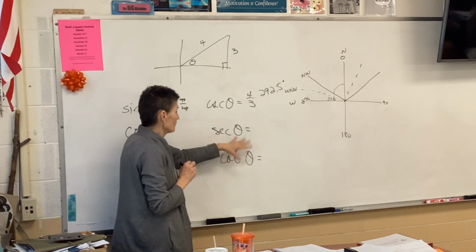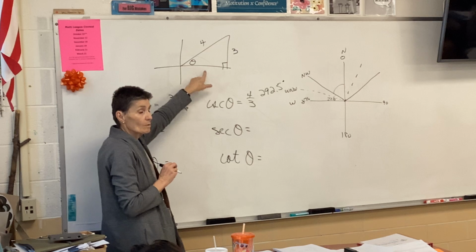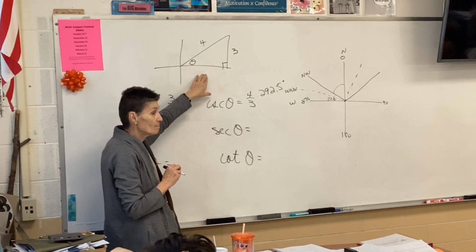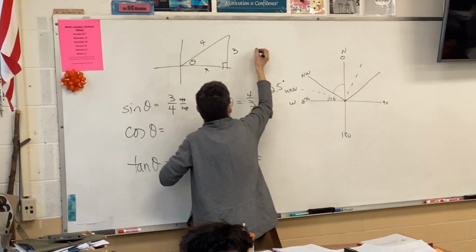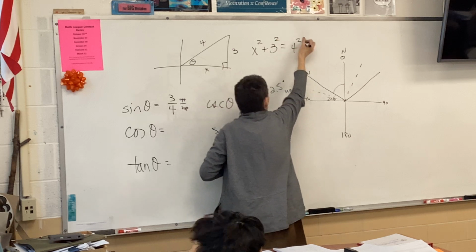But in order to fill in the rest of these, I need that side. So how do I find that side? Pythagorean theorem, which is x squared plus 3 squared equals 4 squared.